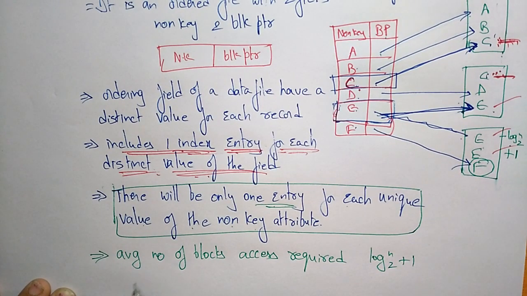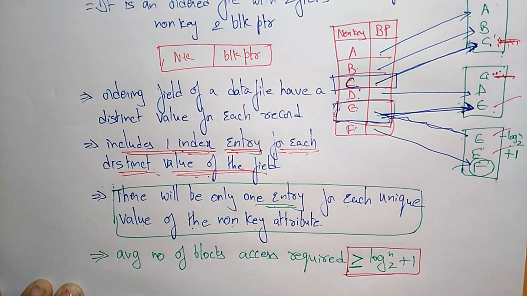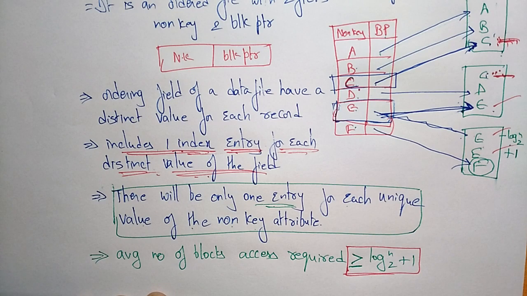But here in the cluster index, the average number of blocks access required should be greater than or equal to log n to the base 2 plus 1. Why is it greater than or equal to log n to the base 2 plus 1? In the primary index, it is equal to log n to the base 2 plus 1, whereas here it should be greater.